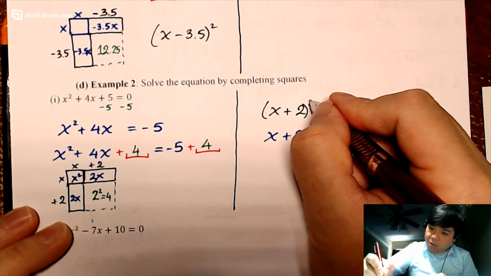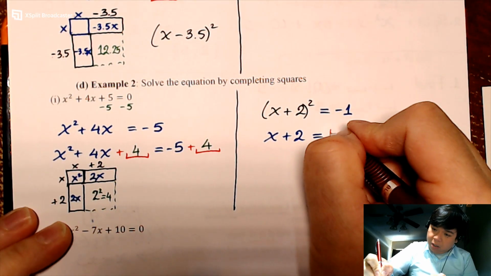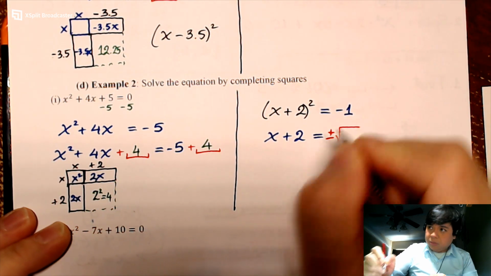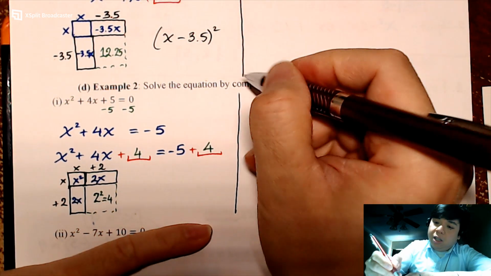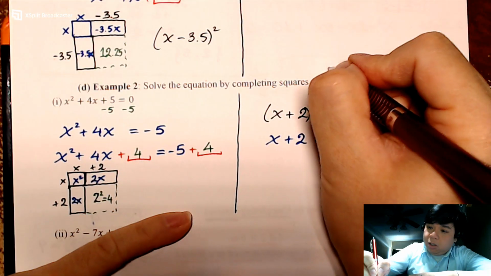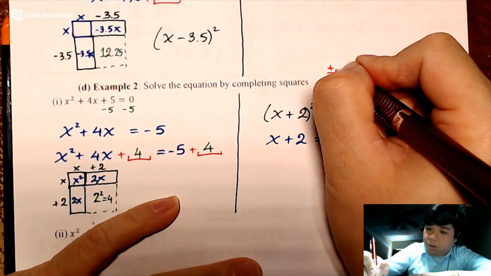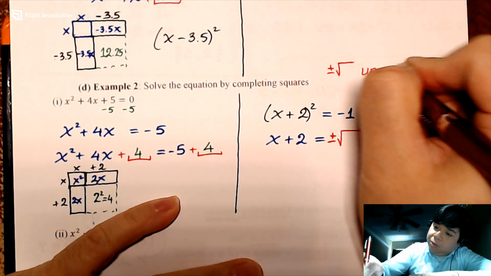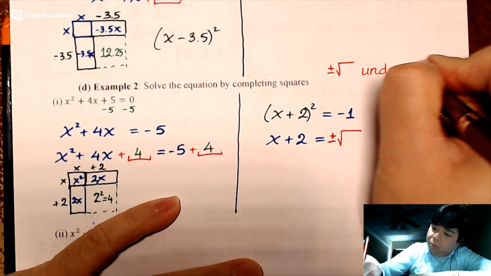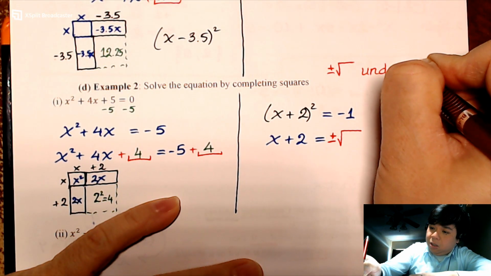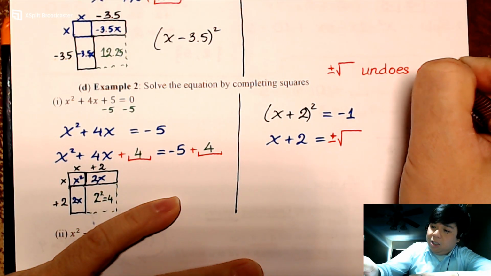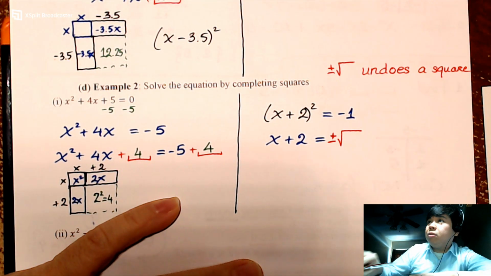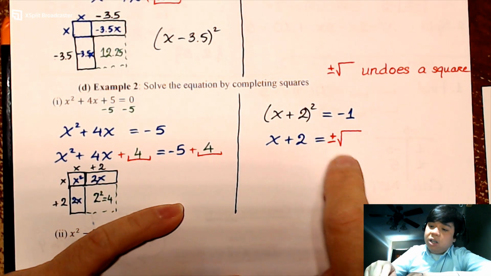To get rid of that square, it's going to be plus or minus square root. So just write something very important: plus or minus square root undoes a square. To get rid of the square, that plus or minus.